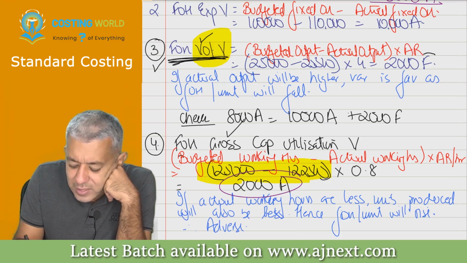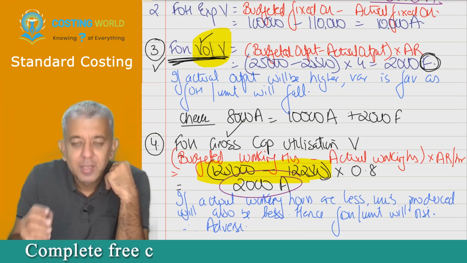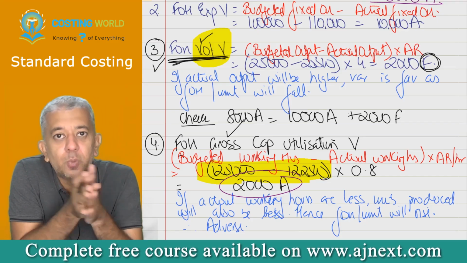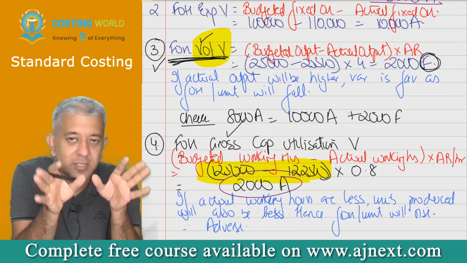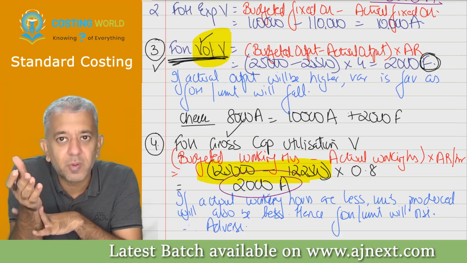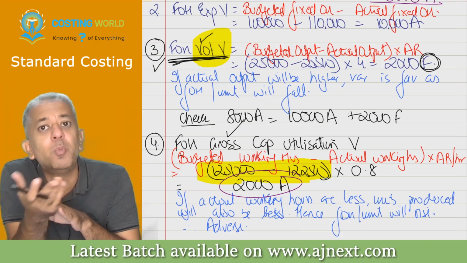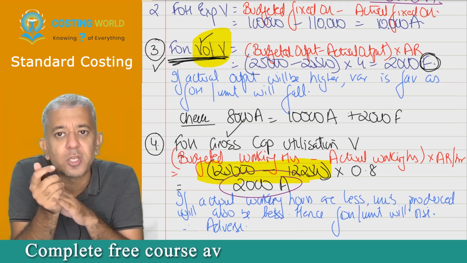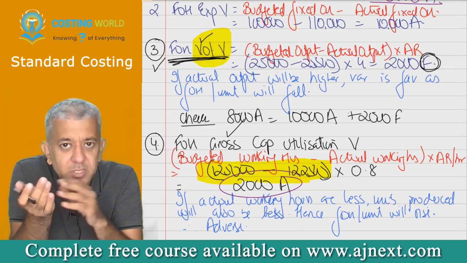Can you say variance was favorable? If variance was favorable, then its ratio should be greater than 100%. You have done a good job, so variance will be favorable, but ratio will be more than 100%. That's common sense here. So, I want ratio to be more than 100% because the variance was favorable.